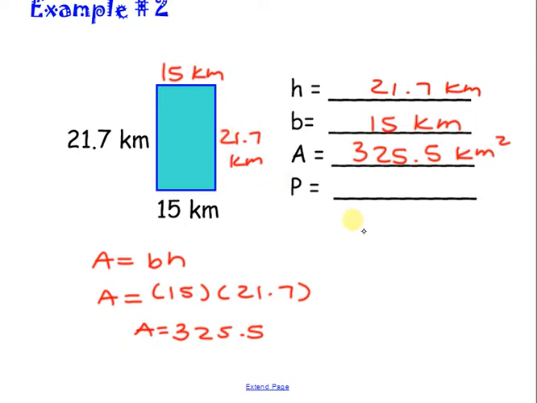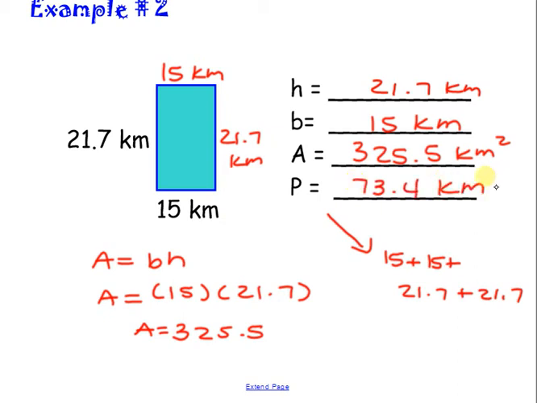So when I go to add up my perimeter, I need to do 15 plus 15 plus 21.7 plus 21.7. And when I do that, I'm going to get 73.4 kilometers. And remember, perimeter is not squared. The only thing that's going to be squared is the area.